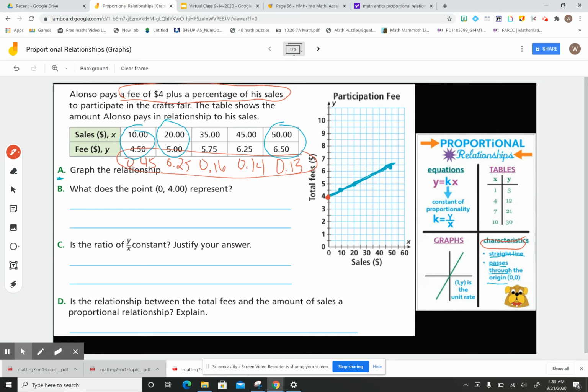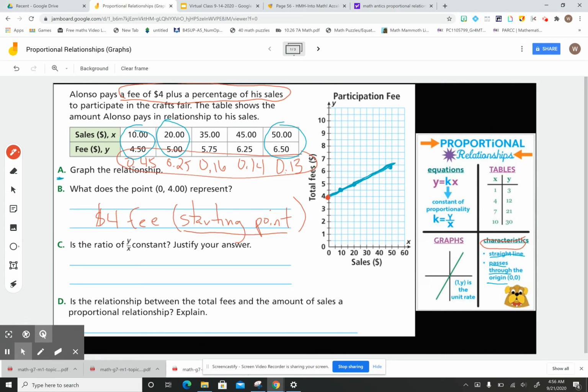So what does (0, 4) represent? Referring to the problem, the $4 fee, which is the starting point. Another name for starting point is the y-intercept, but we're going to leave it at starting point, just so you know.